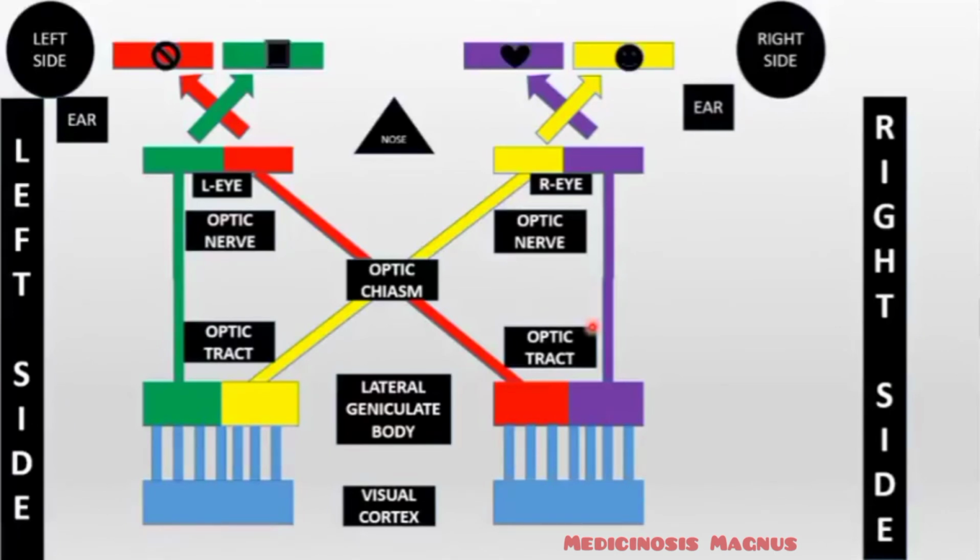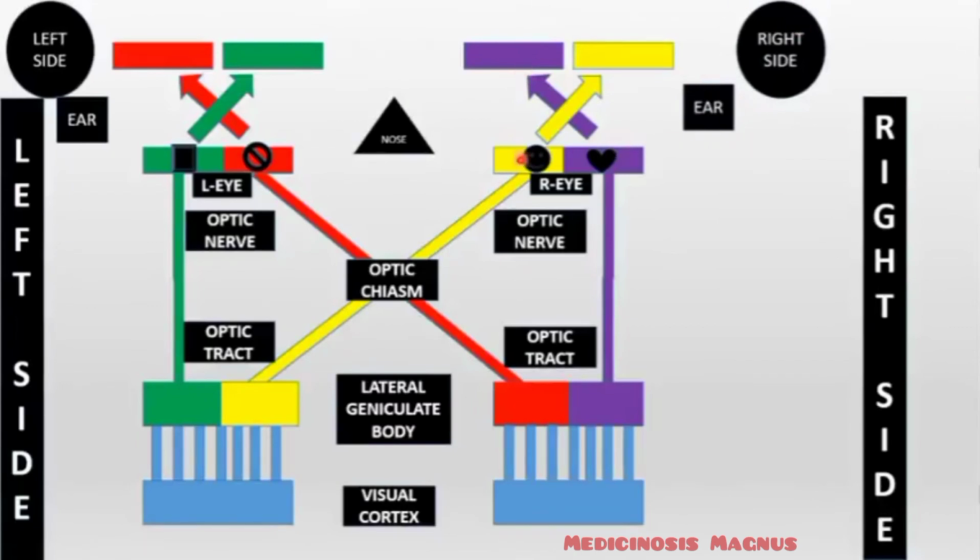Now just for your clear understanding, you can see here there are four objects in front of you. If you see this smiley and this heart, let's see how it moves through in your eyes. These four objects are in front of you, but in your eyes it becomes like this.